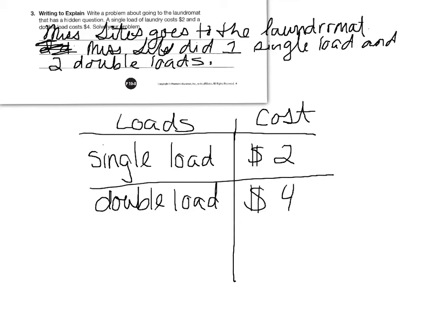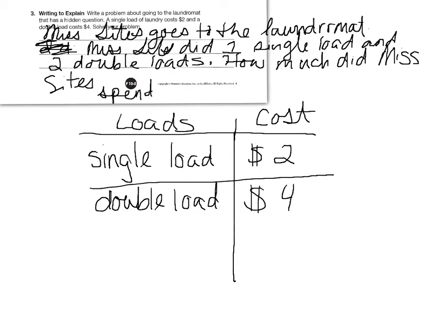How much did Miss Seitz spend at the laundromat? And I'll show you how to make your question more complicated. Maybe you might have done one of those after we finish this one. Make sure to make a question mark.